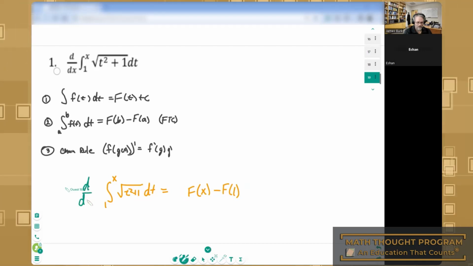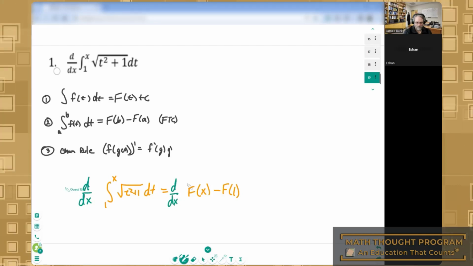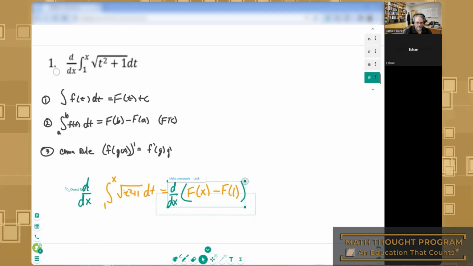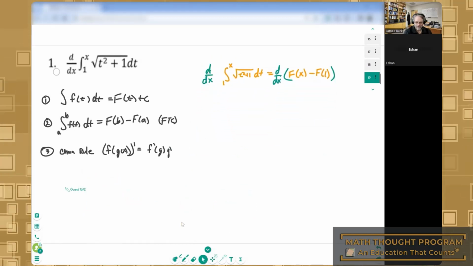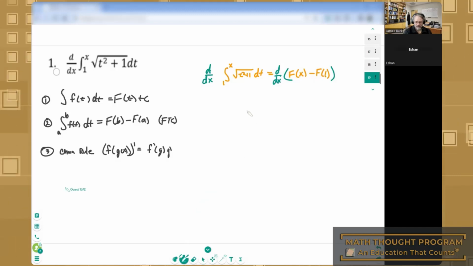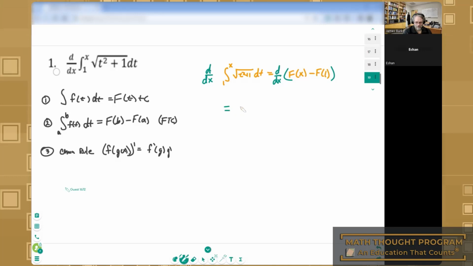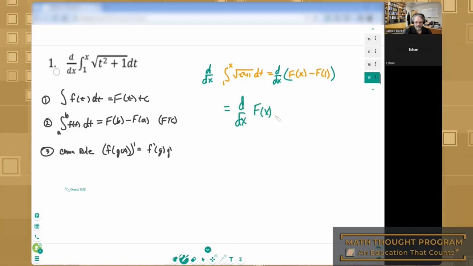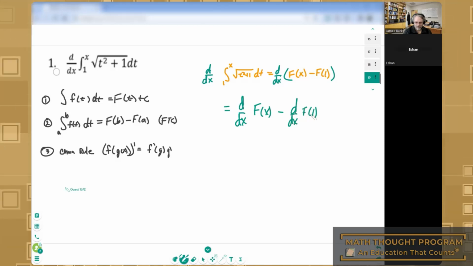We'll do it in terms of x. And whenever I take the derivative, we're going to have to do this in a linear fashion. So I'm going to break it up in terms of its pieces. So the first piece is we're going to have the derivative of the function, f of x, and then the derivative of the function evaluated at 1.